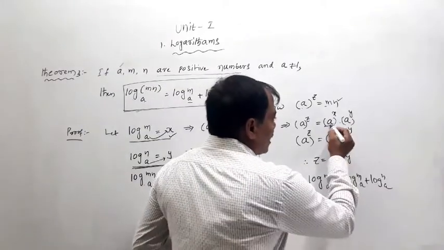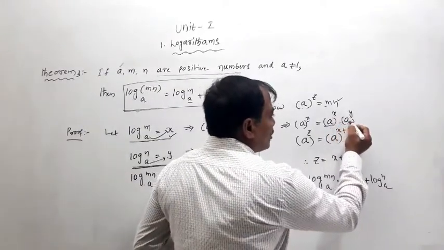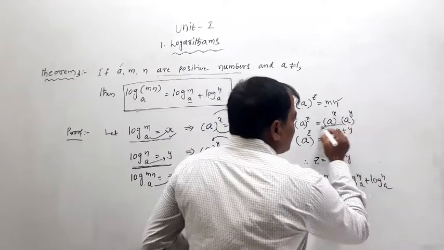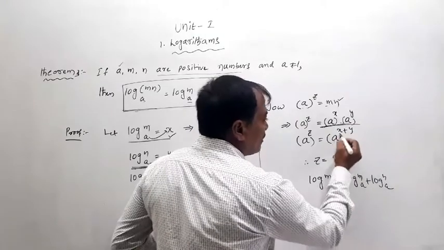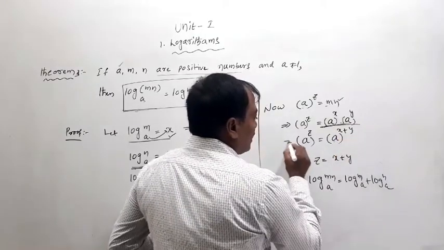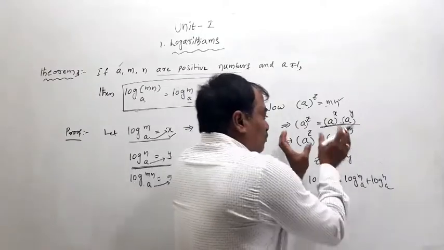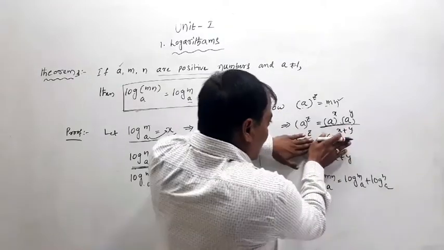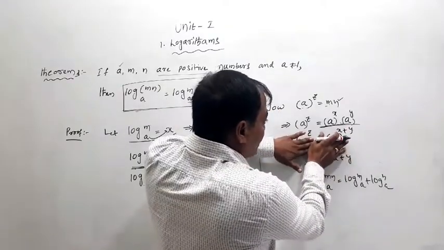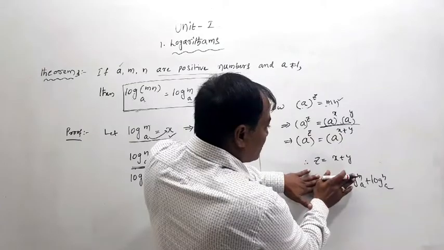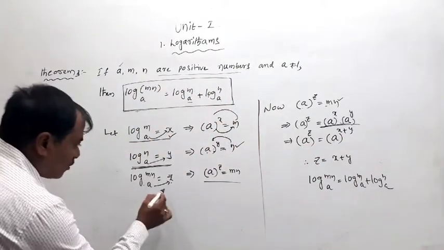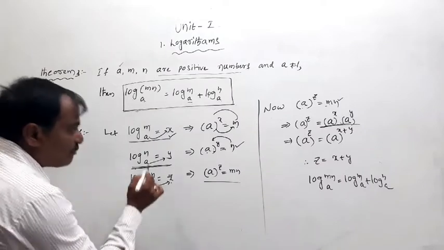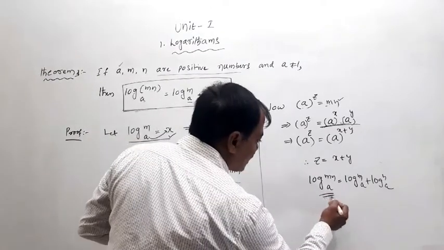So here this is a to the power of x into a to the power of y. If the bases are equal, we add the powers. So therefore a to the power of x plus y. And if both side bases are the same, we compare the powers. So therefore z equals x plus y. What is z here? z equals the logarithm of mn to the base a. We substitute on the left hand side.